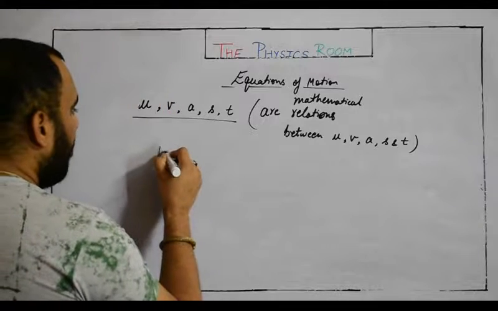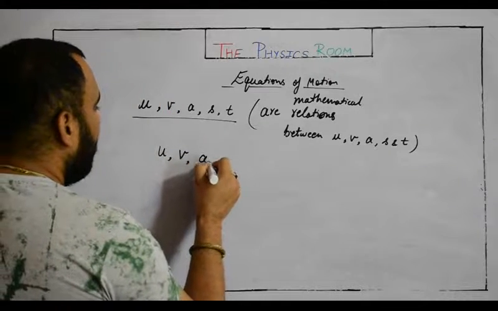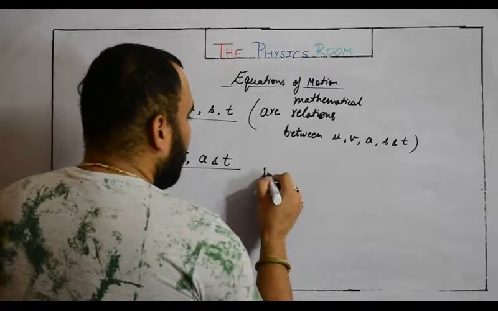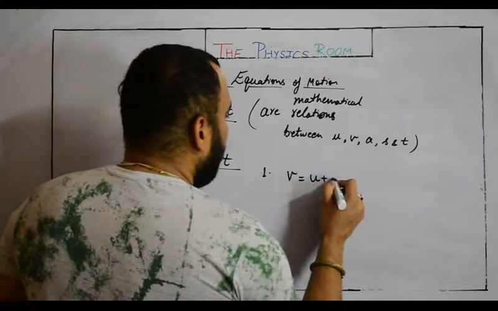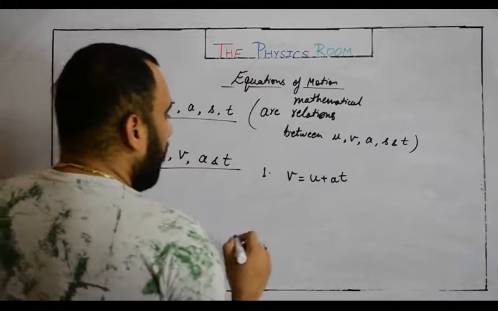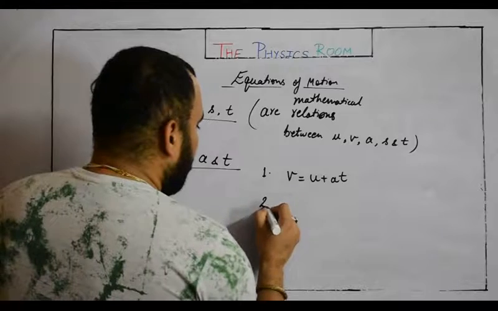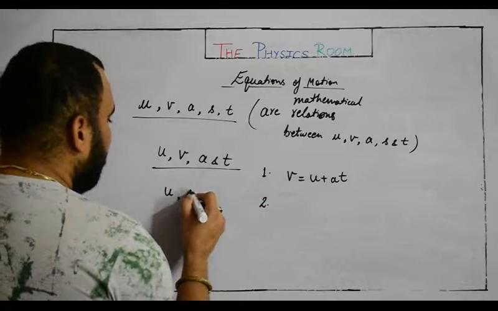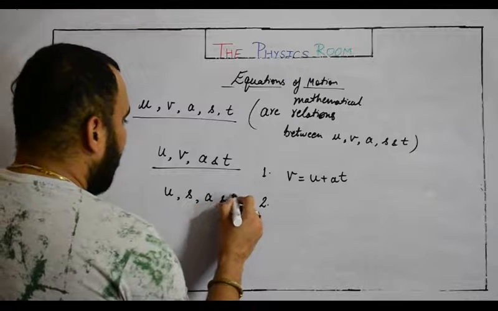If we are talking about initial velocity, final velocity, acceleration and time only, the first mathematical relation is v equals u plus at. This is called the first equation of motion. If we are talking about the second equation of motion, it is about the relation between initial velocity, displacement, acceleration and time.